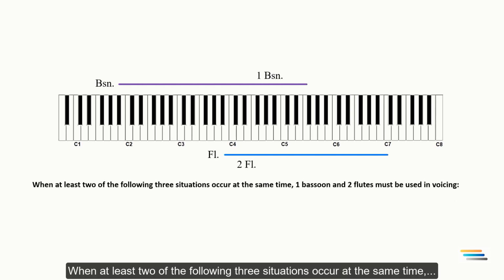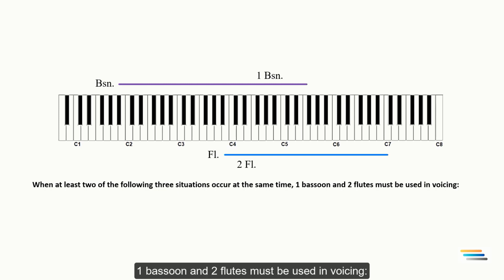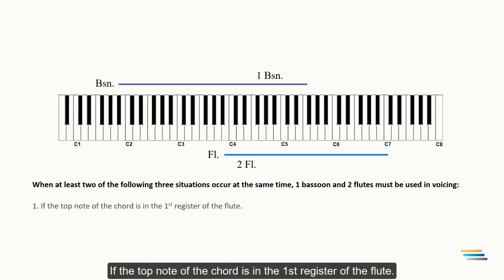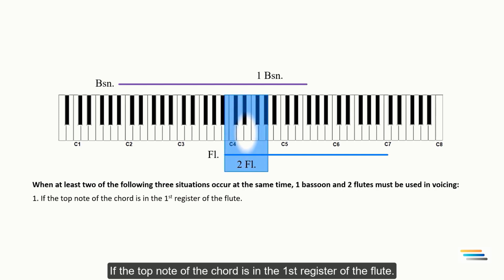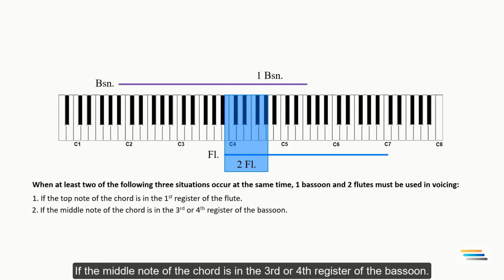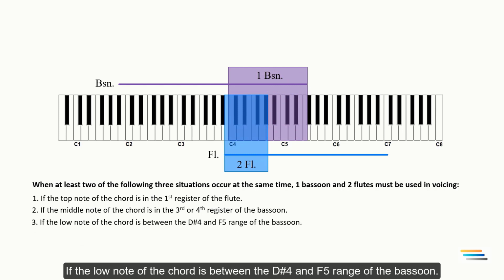When at least two of the following three situations occur at the same time, one bassoon and two flutes must be used in voicing. If the top note of the chord is in the first register of the flute, if the middle note of the chord is in the third or fourth register of the bassoon, if the low note of the chord is between D sharp 4 and the F5 range of the bassoon.